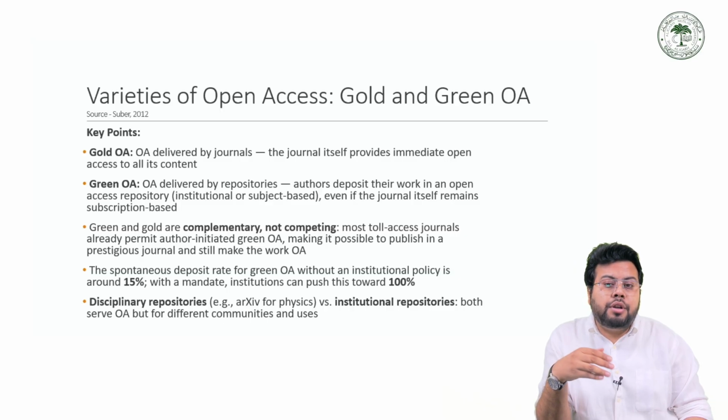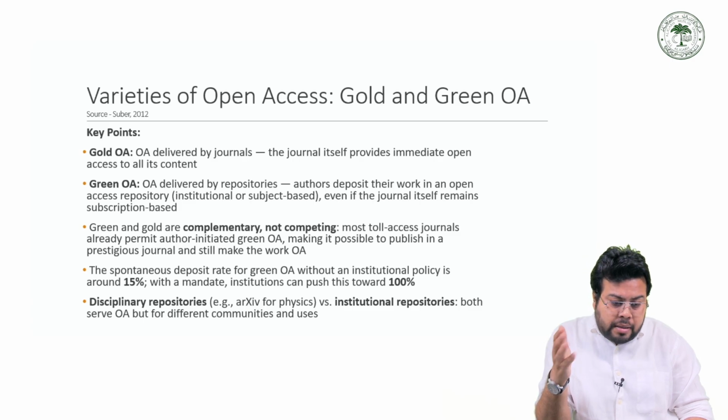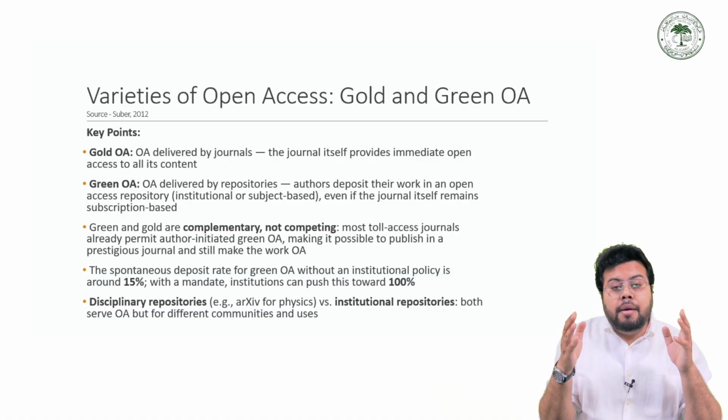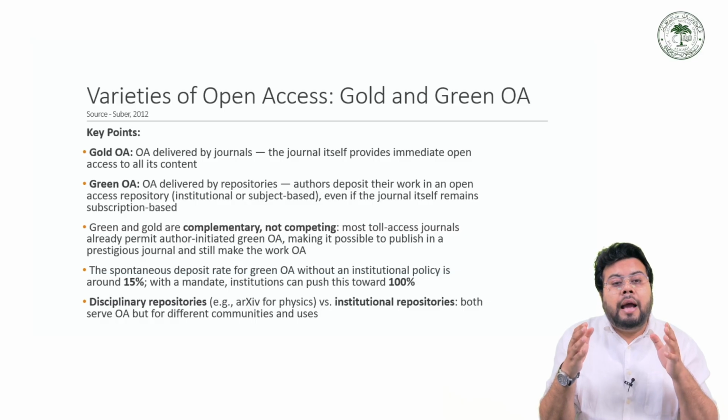Most toll access publishers already permit this. The green and gold are complementary, not competing. Most toll access journals already permit author-initiated green open access, making it possible to publish in a prestigious journal and still make the work open access.